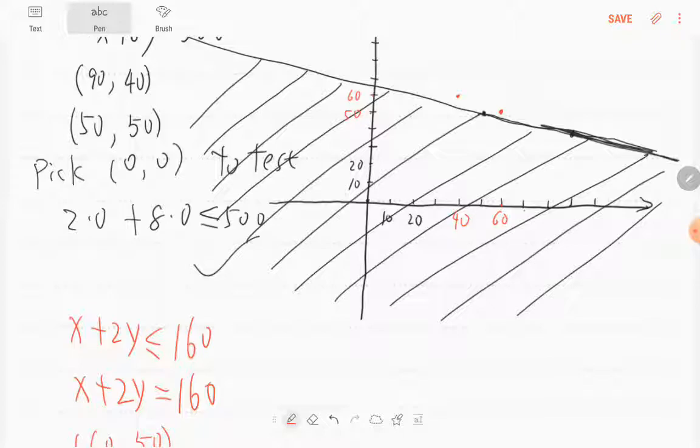If you connect these two points, my line is not good, but just for illustration. Okay, so that's the red line.